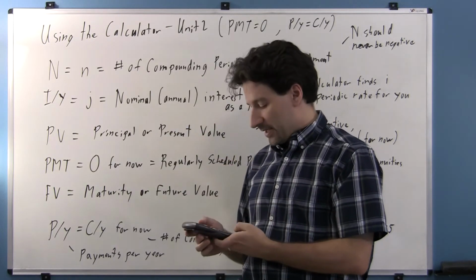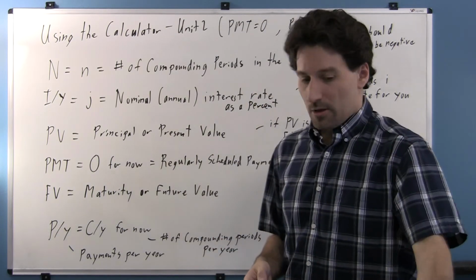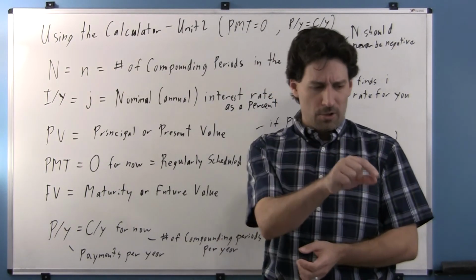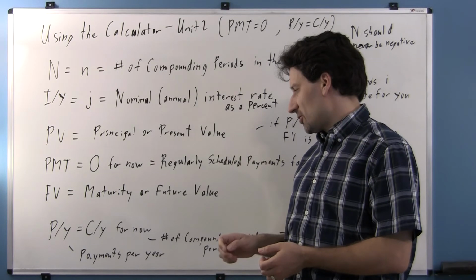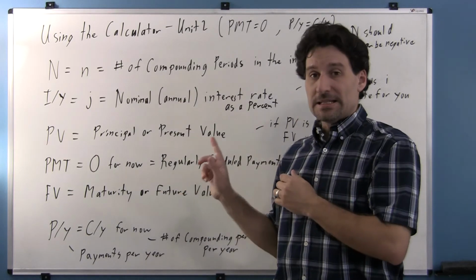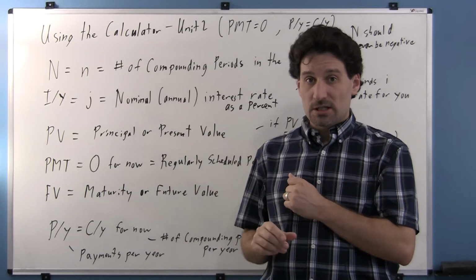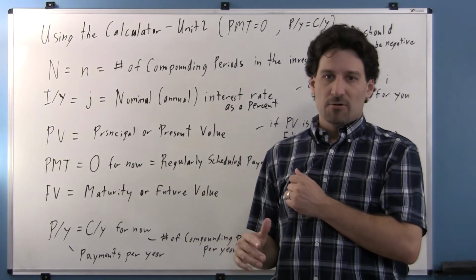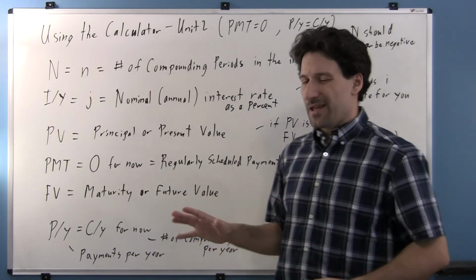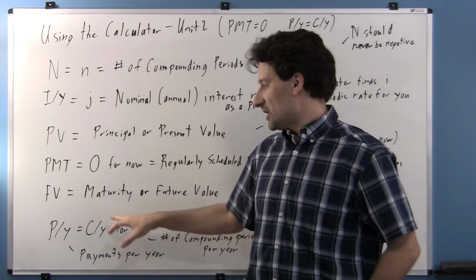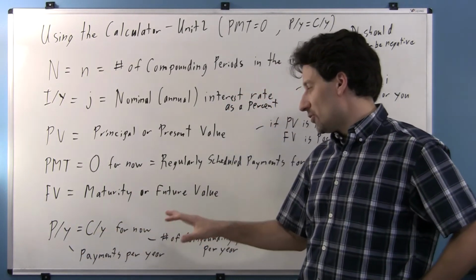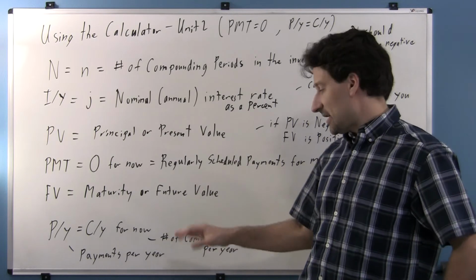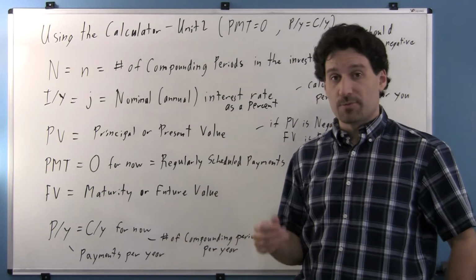For our purposes, you can look on the sheet, my explanation too, they will be set equal to each other for this unit, because right now we don't have payments. The way the calculator figures out the math, we're just going to set them both equal to CY, which stands for the number of compounding periods per year.